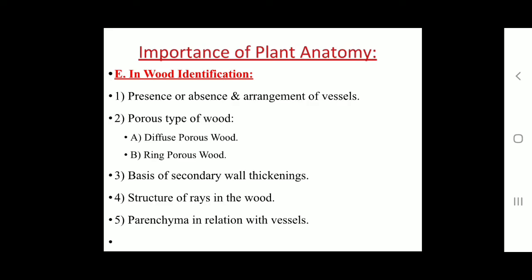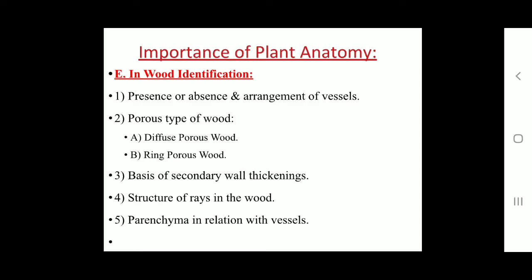Xylem wood is composed of vessels, tracheids, wood fibers and xylem or wood parenchyma. These components of wood vary in their position and amount. On the basis of this, wood identification is possible as mentioned below.